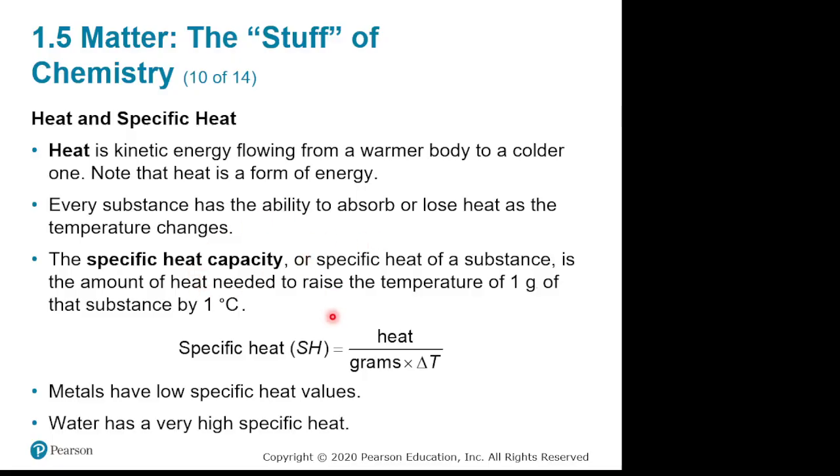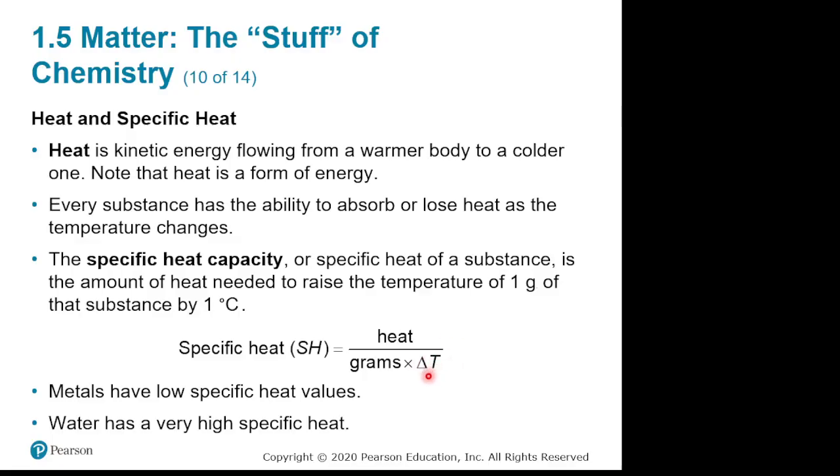So this is going to be the amount of heat that's needed to raise the temperature of 1 gram of that substance by 1 degree Celsius. So this would actually be the formula, which would be the specific heat, SH, usually shortened, is the heat, and that can be in calories or joules, typically in joules, that's going to be required, that's divided by, to raise 1 gram of the substance, 1 degree Celsius.